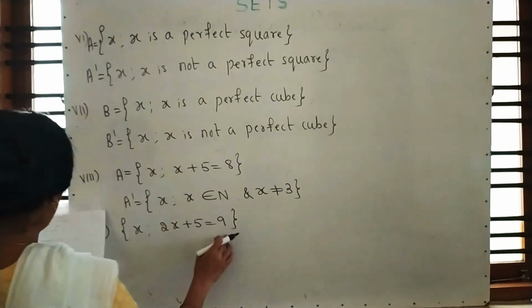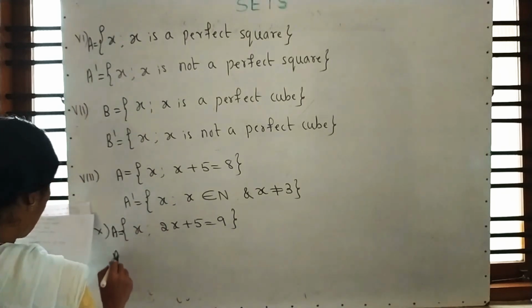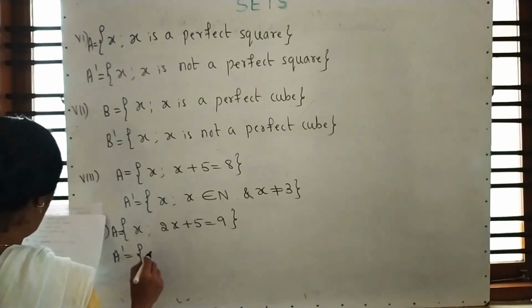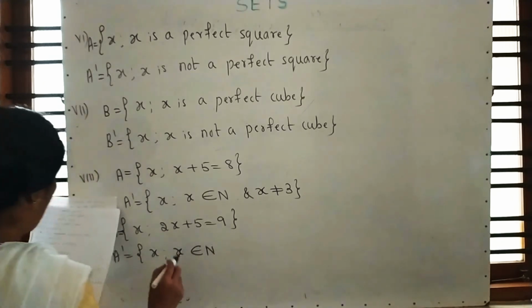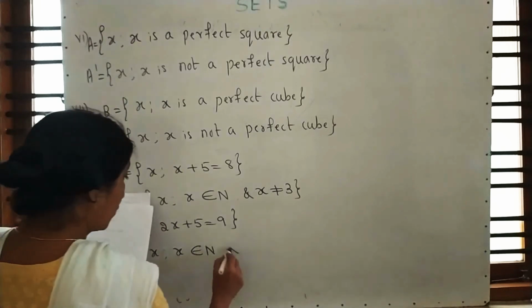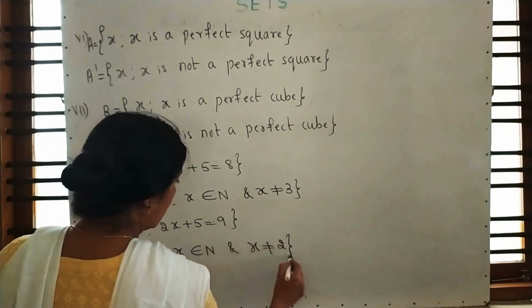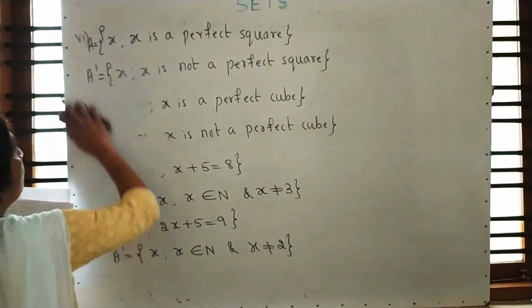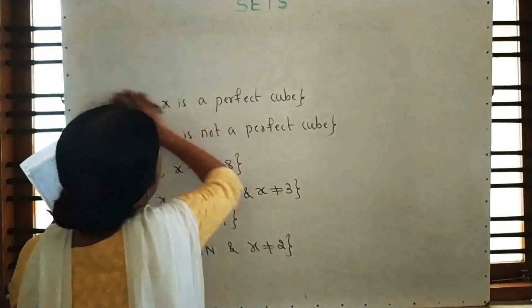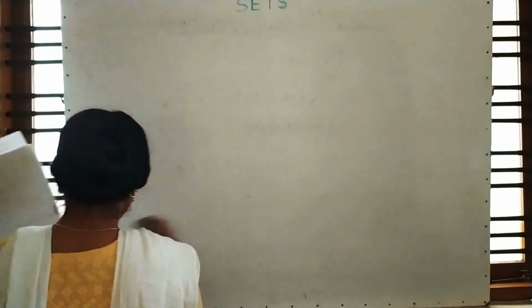When you solve this, you get x equal to 2. Then what is its complement? Its complement is x such that x belongs to N and it is not equal to 2, because when you solve this, you get x value as 2. So its complement means it is not equal to 2. Next one.